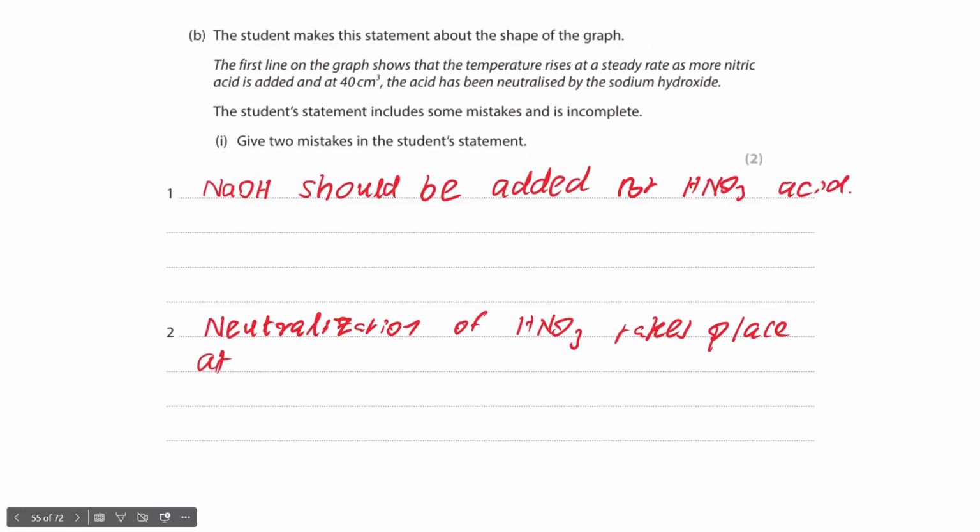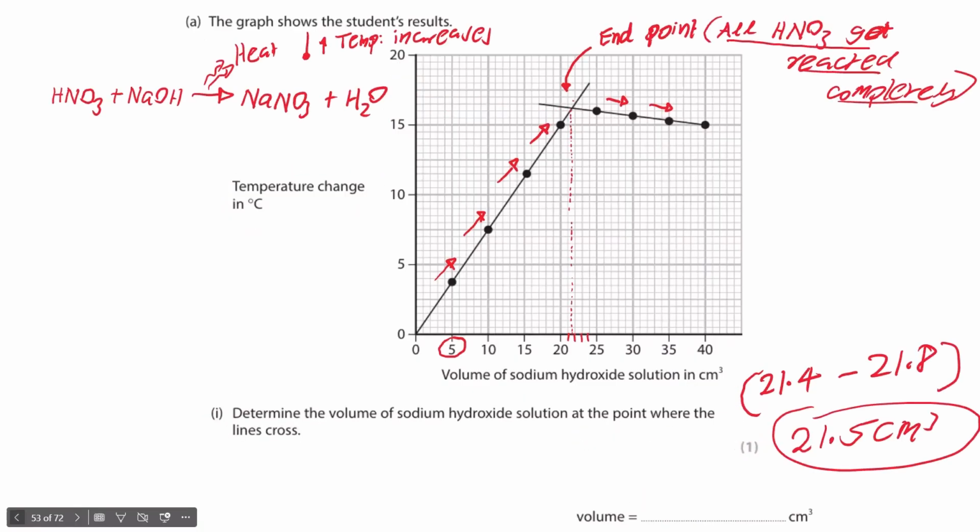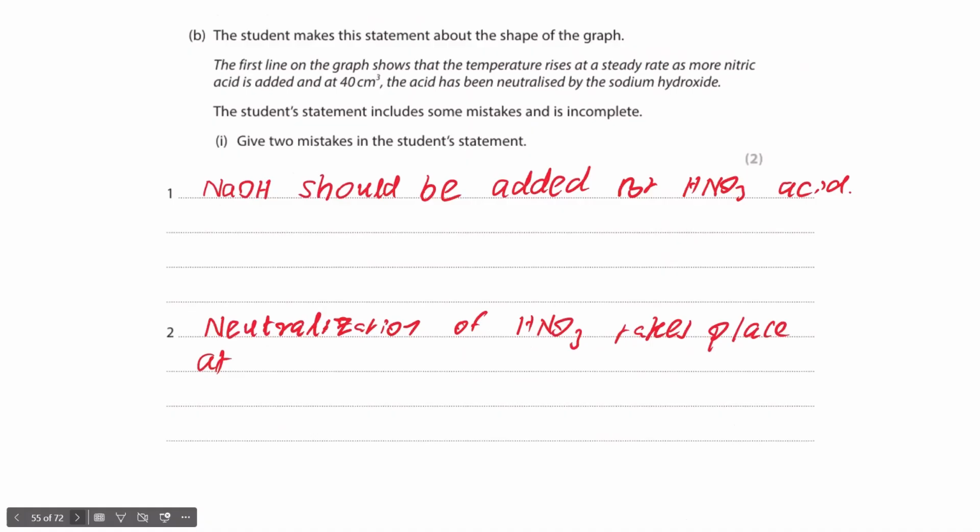We found that point, 21.5 cubic centimeters of sodium hydroxide volume, not 40 cubic centimeters. Right, those are the two points for the answer to this question.